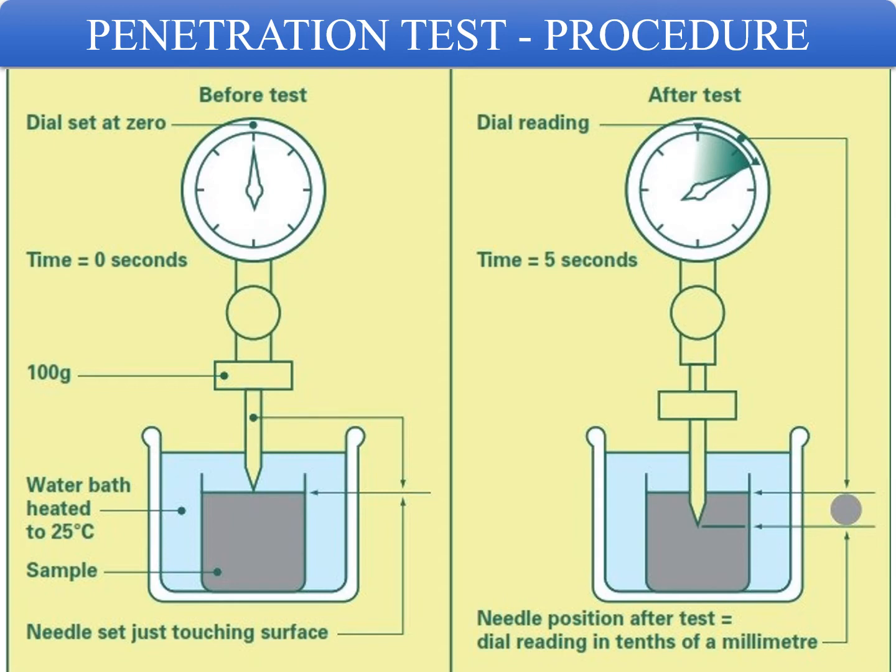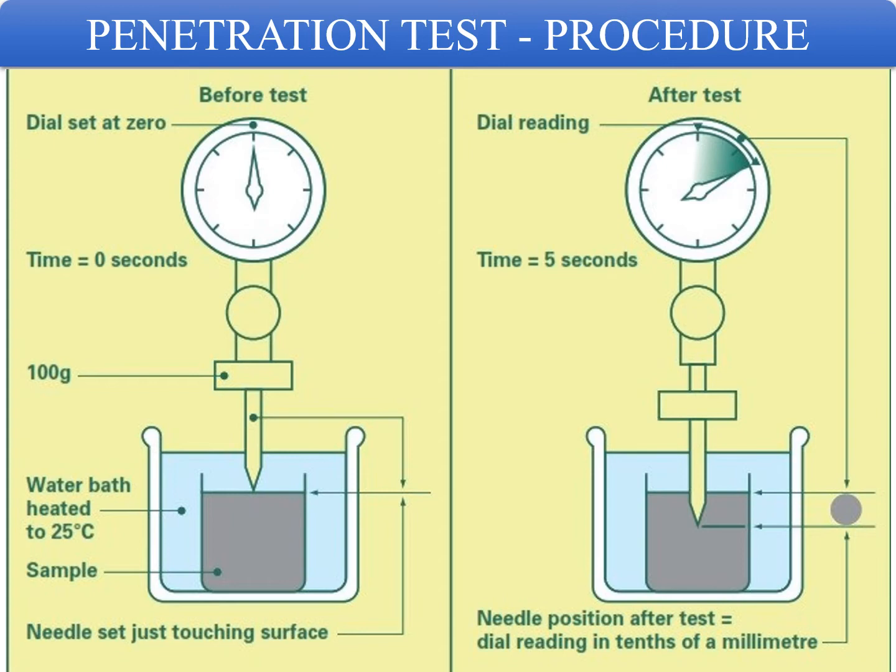The height of the bitumen should be 10 to 15 millimeters more than the penetration value expected. Now what is being done is the needle is released for 5 seconds during the test, and within that 5 seconds the penetration of the needle is calculated by checking the final reading on the dial gauge.